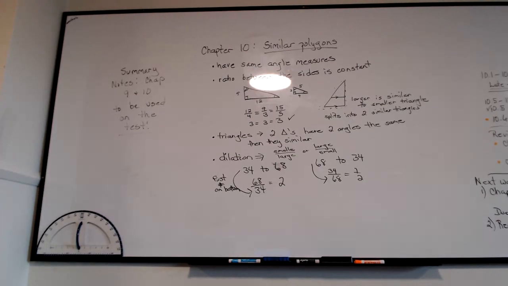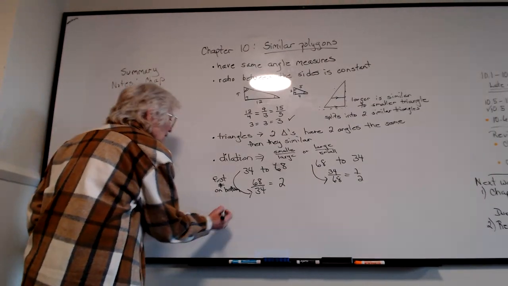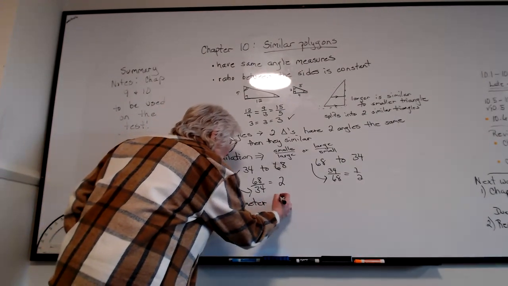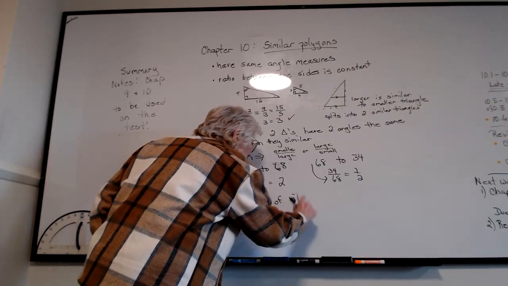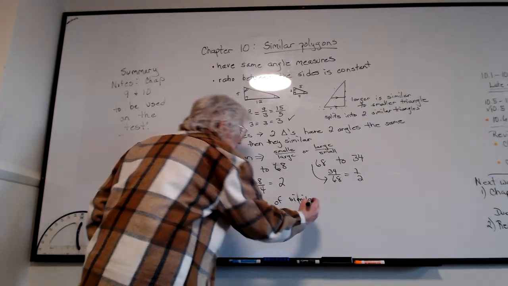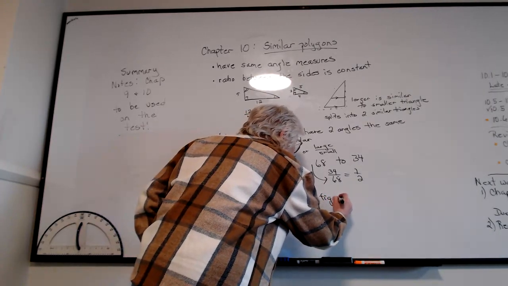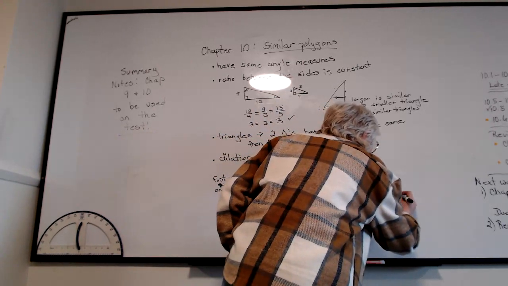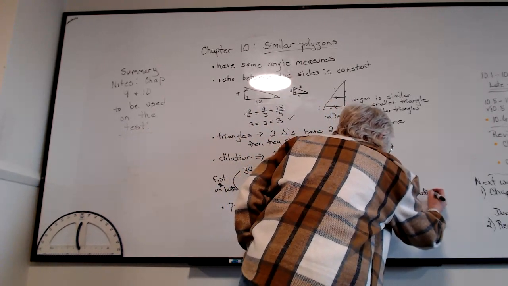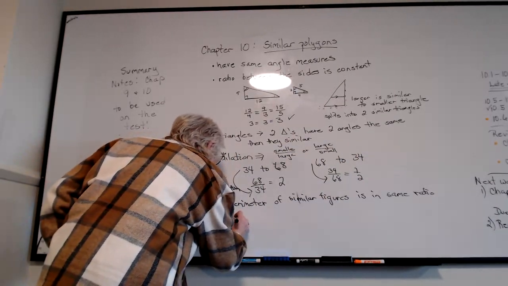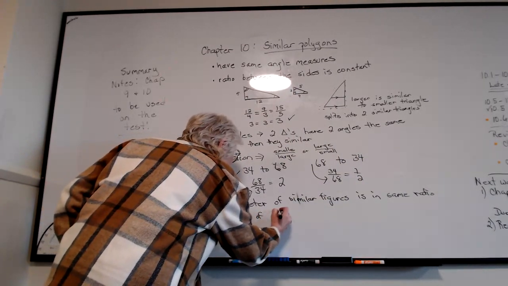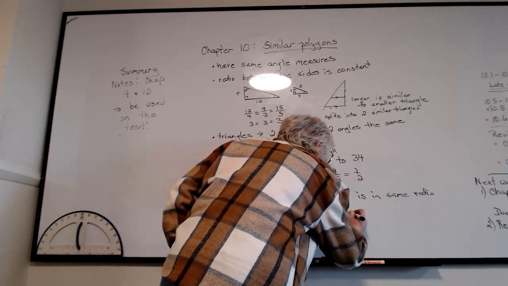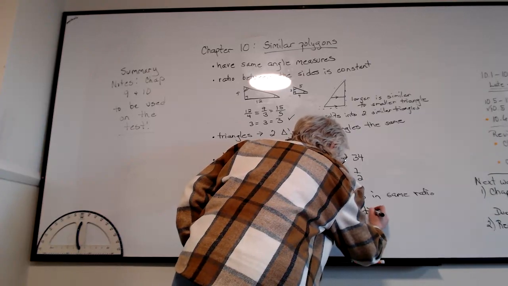The last thing that we did in here was the perimeter of similar triangles or similar figures is in the same ratio, and the area of similar figures is in the ratio squared.